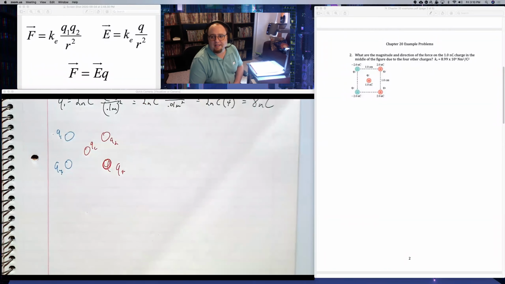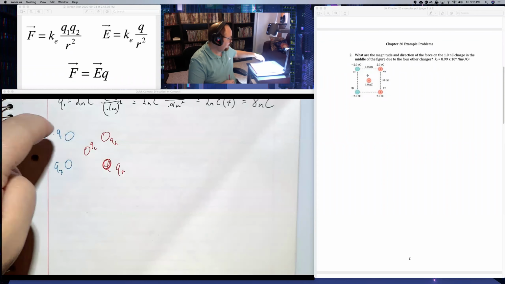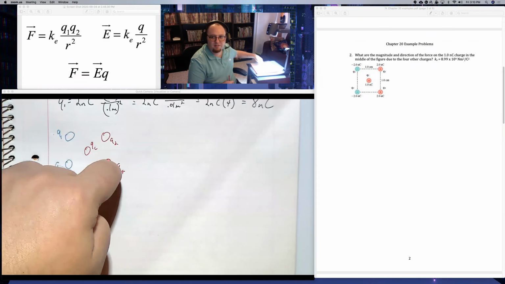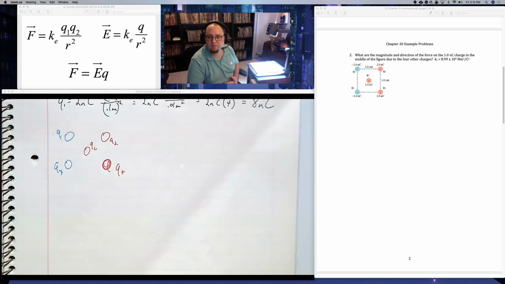And I say, okay, I got this square, each side is 1 centimeter. I gave the magnitude of each charge, -2, -2, +2, +2 nanocoulombs. And I say, what's the magnitude and direction of the force on the middle?